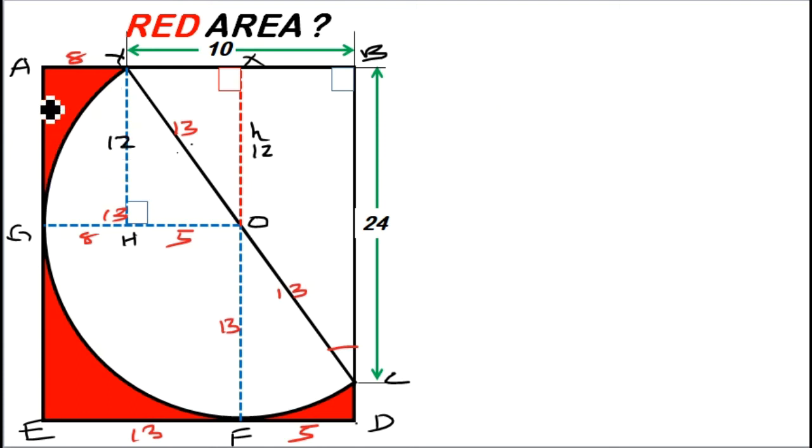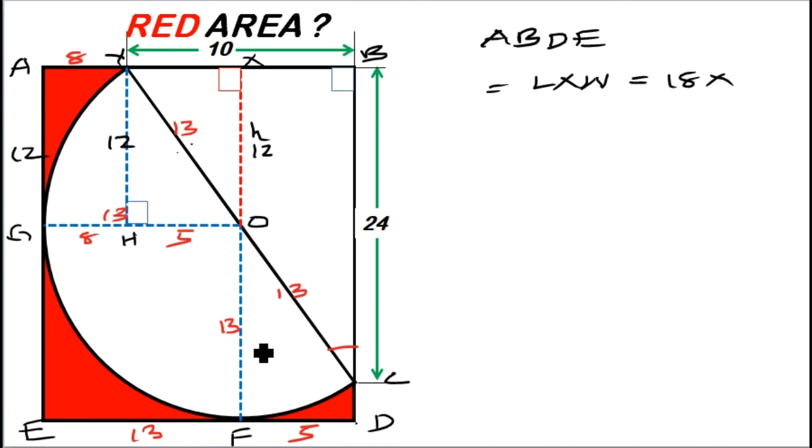So to get the red area, we'll take the area of the whole rectangle ABDE, which is going to be length times width. The length is from E to D, which is 13 plus 5, that is 18, times the width from A to E. So remember, from A to G we found is 12, since Y to H is 12, then from O to F is 13, meaning from G to E is also 13.